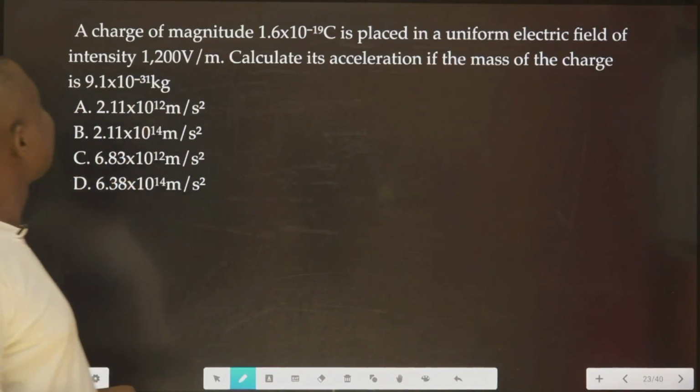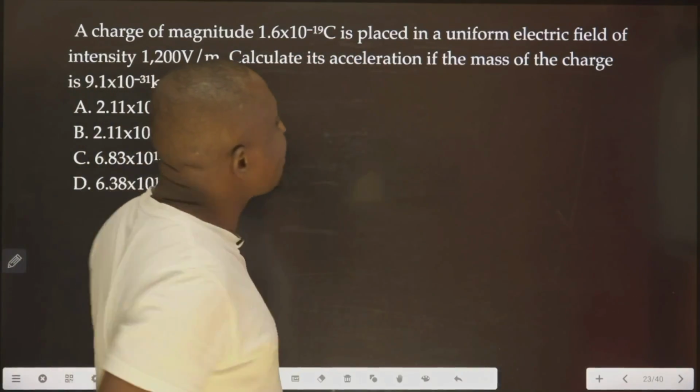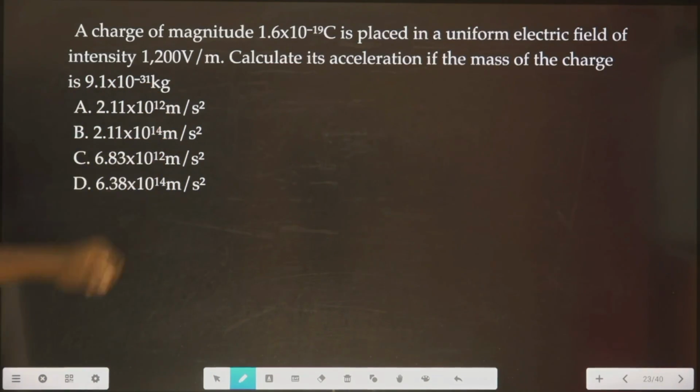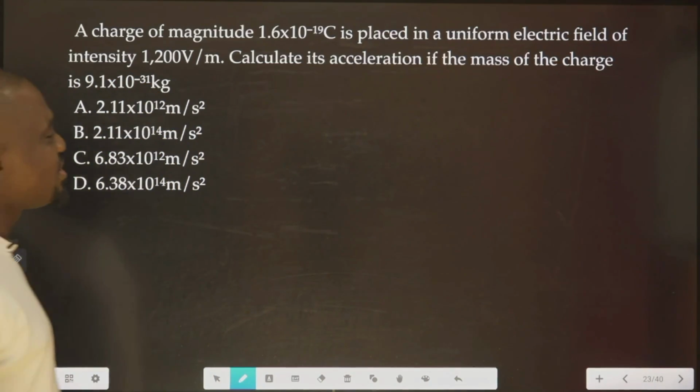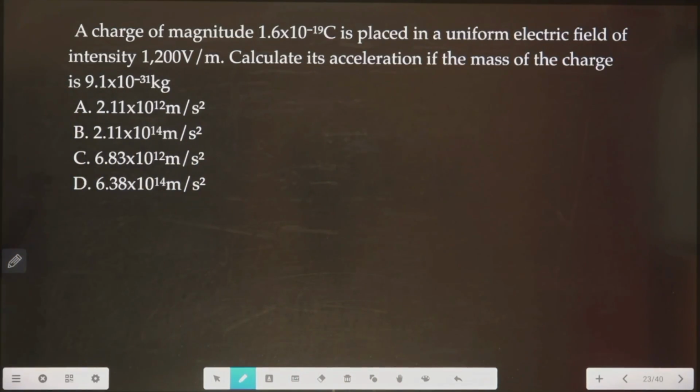It says, a charge of magnitude this is placed in a uniform electric field of intensity this. Calculate its acceleration if the mass of the charge is this.